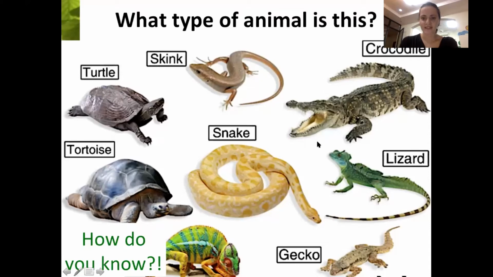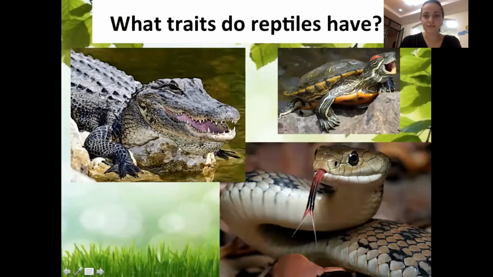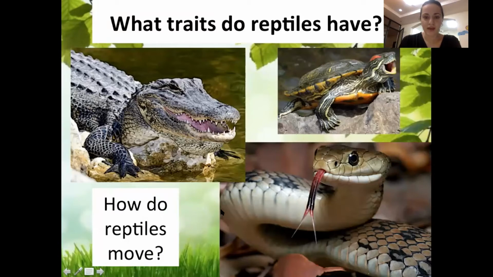Excellent job. Naan. They can lay eggs. Very good. I heard that loud and clear. So we've said a couple of them, right? They have scales. They lay eggs.